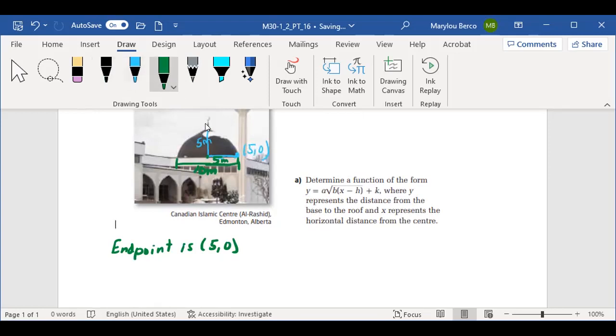So h equals 5, k equals 0. Now, the function is reflected in the y-axis, so b is equal to -1.